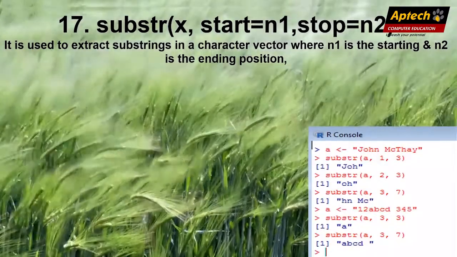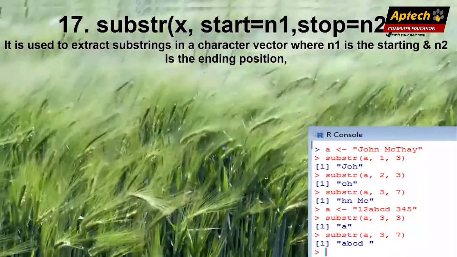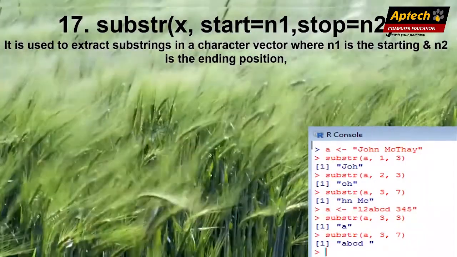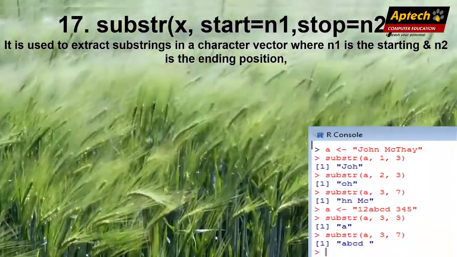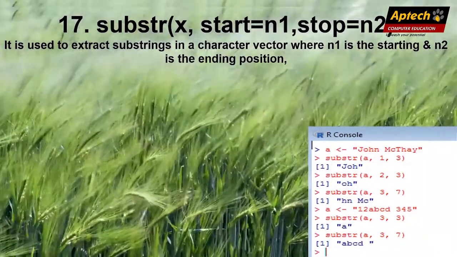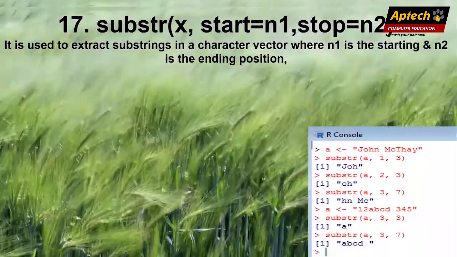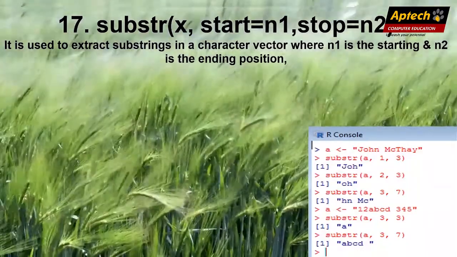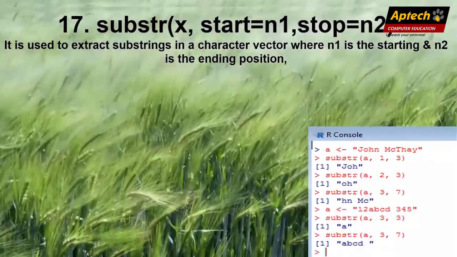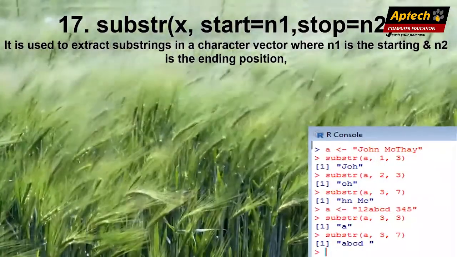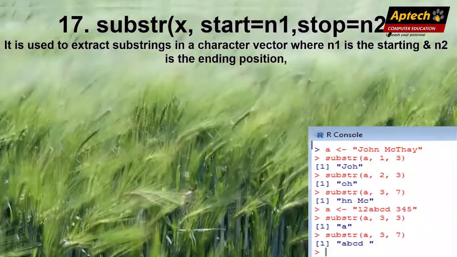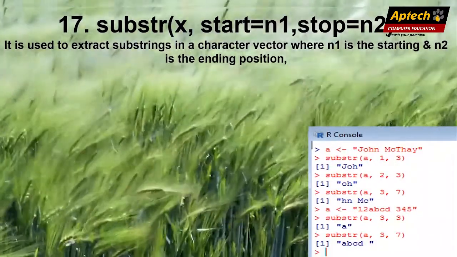In the first example, I have used John McCarthy as a string which is initialized to A. So substr(A, 1, 3): A is the string, 1 is the starting position from where you want the characters, and 3 is the stop position. The first is J and the third is H, so it will print JOH.